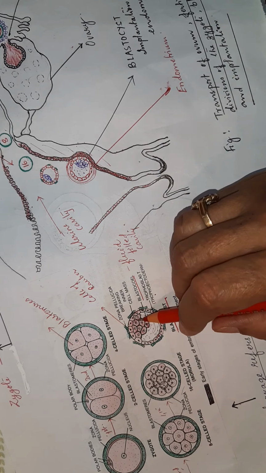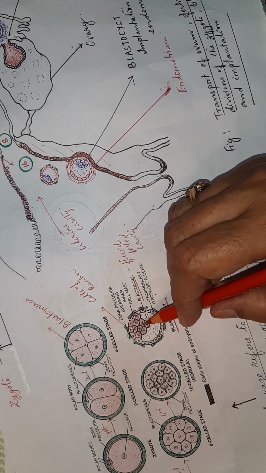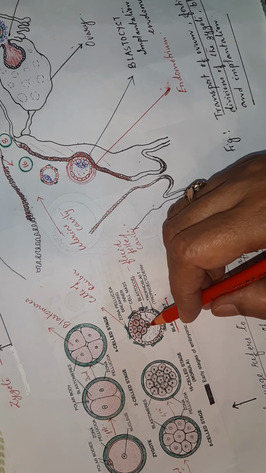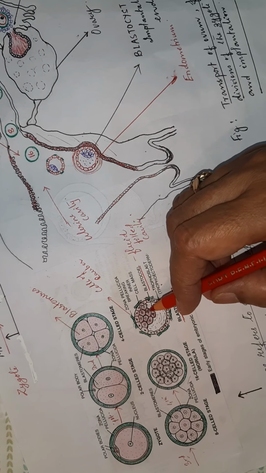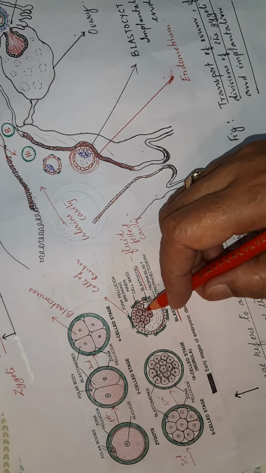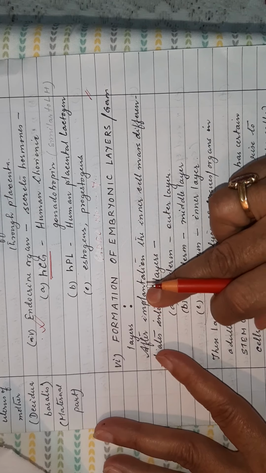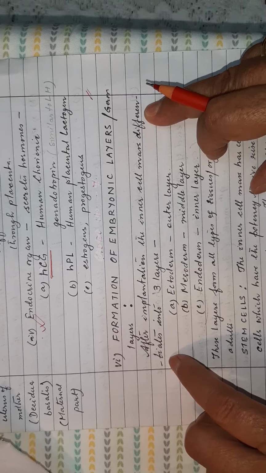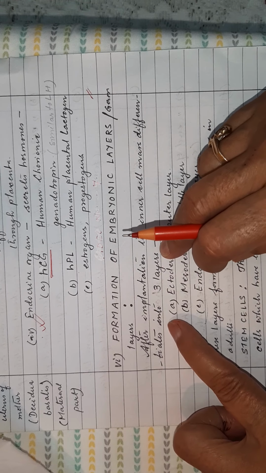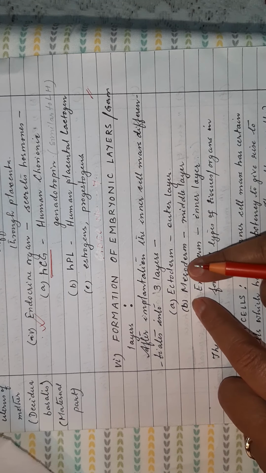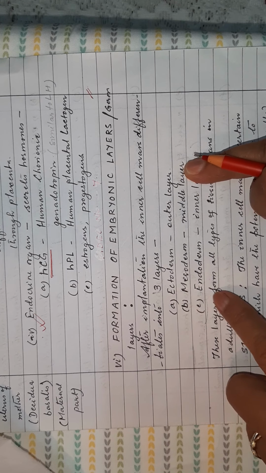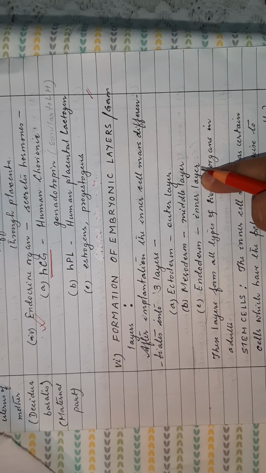Now these cells continue to divide and arrange themselves in the form of three layers. So after implantation, the inner cell mass differentiates into three layers: ectoderm, the outer layer; mesoderm, the middle layer; and endoderm, the inner layer.